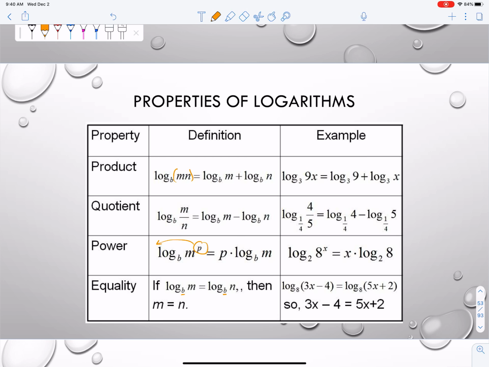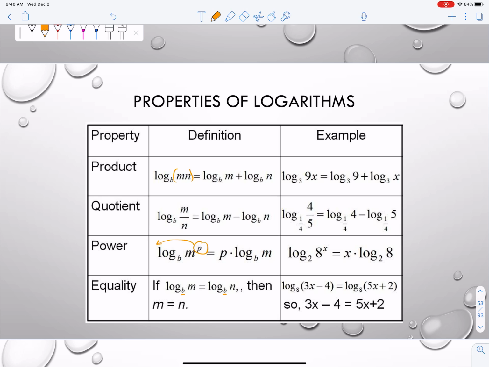Now, one other thing I will add: the product and quotient rules work in both directions, for expansion and also to condense. If I have a sum of logs, I can condense it using the product rule. If I have a difference, I can condense it using the quotient rule.